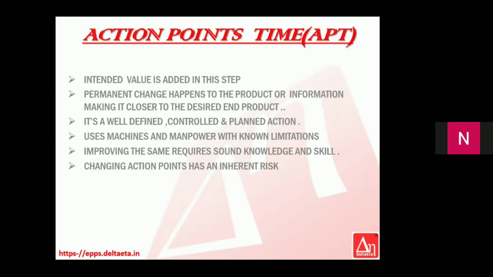So every step in the process where there is some change happening to the piece of steel is a value added step. A permanent change happens to the product or information. The same thing happens to information also. Let's say there's an inquiry received by the sales department.